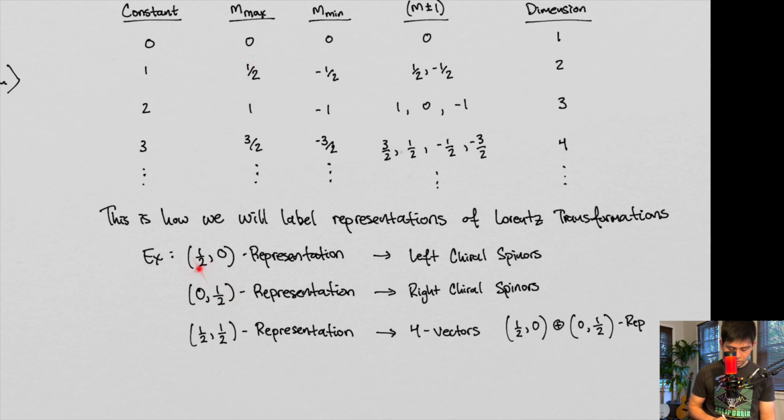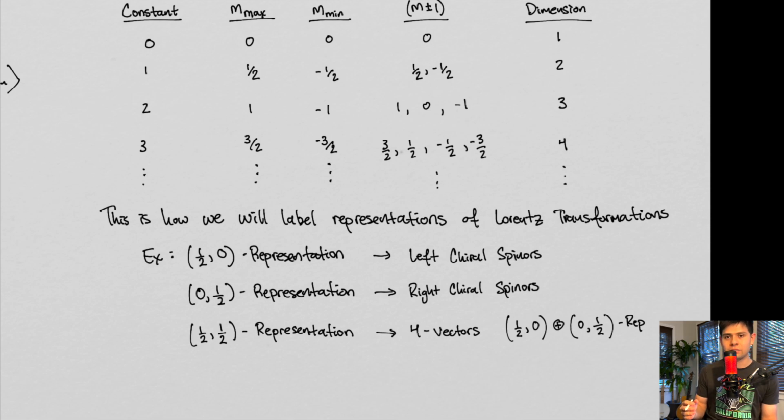All right. So what we're going to find for Lorentz transformations is that when you read things like a 1/2 0 representation, this representation is going to act on left chiral spinors. Right. So this is a representation of the Lorentz transformation.